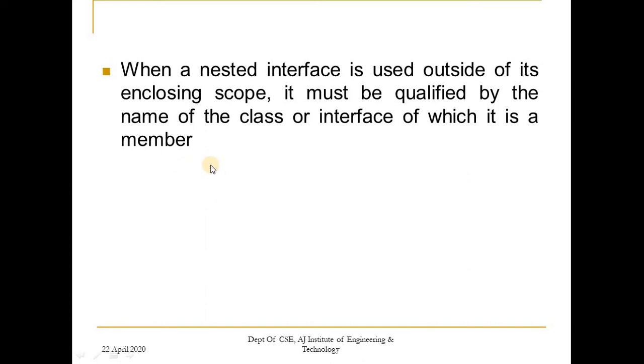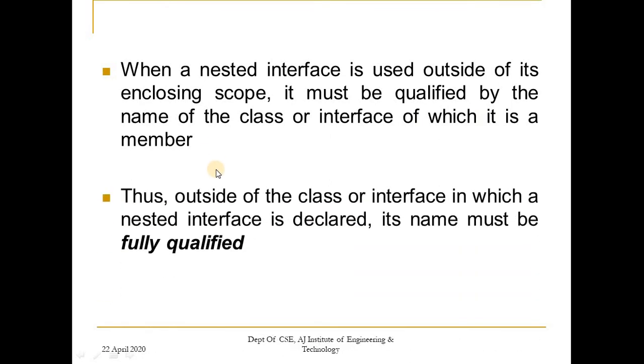Just like how we nested classes, and when we use that inner class we must use the fully qualified name. Thus, outside of the class or interface in which a nested interface is declared, its name must be fully qualified.